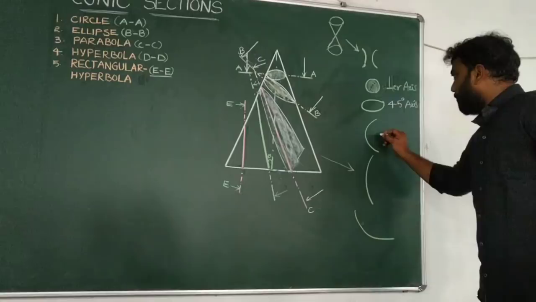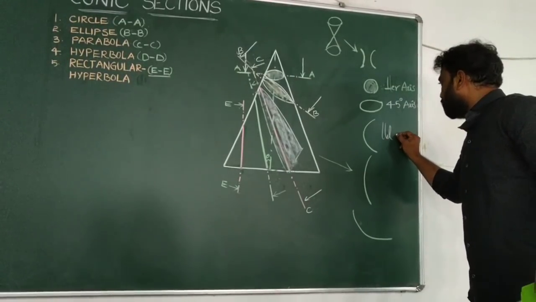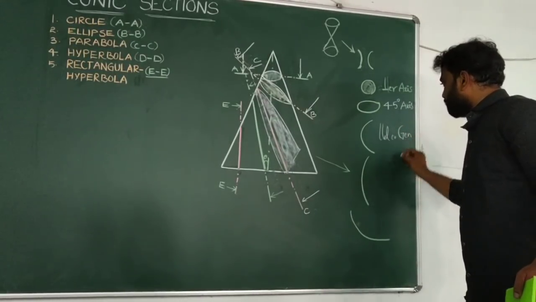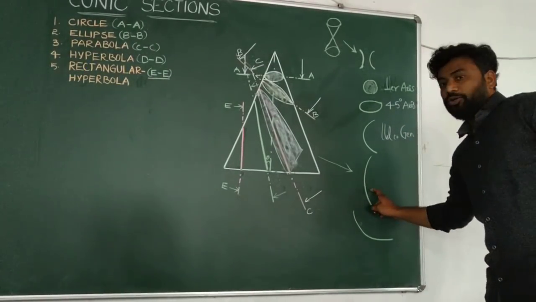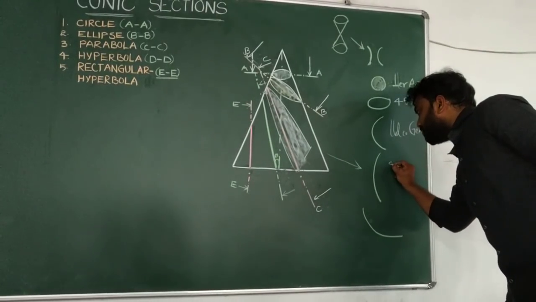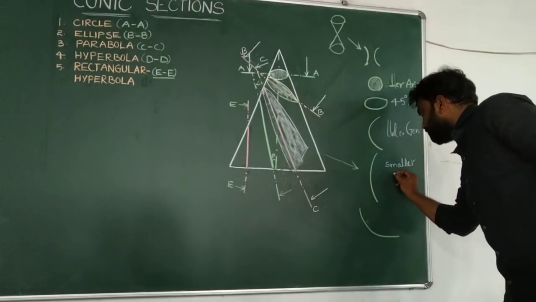And if you come into the parabola, it is parallel to generator. And if you come into the hyperbola, it is making smaller inclination with axis.